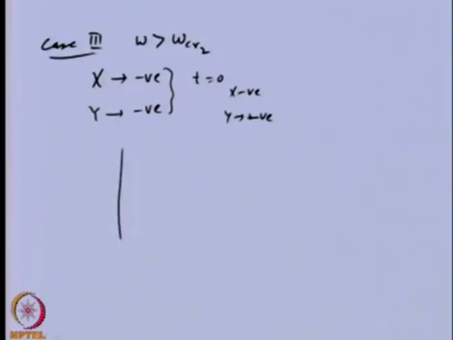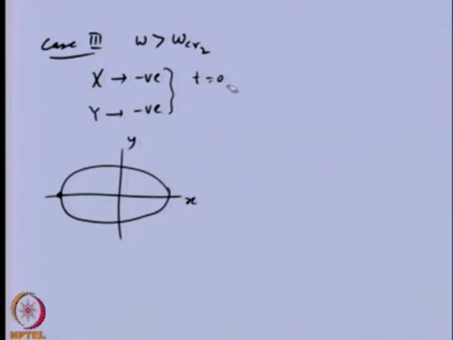So, if we see the orbit, both are negative. Sorry, y is 0, again I am repeating. Okay. So, at time t equal to 0, x is negative, y is 0, because it contains the sin omega t term.